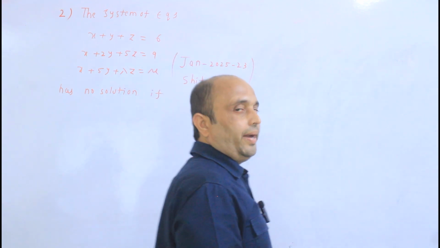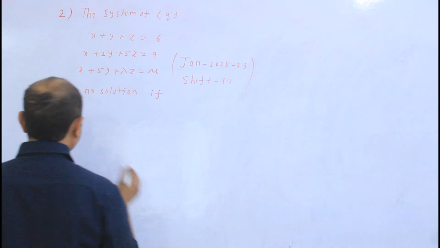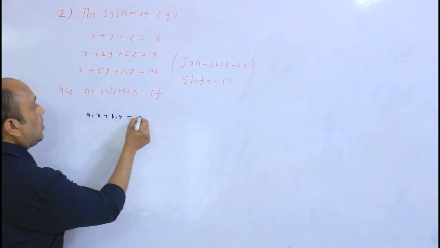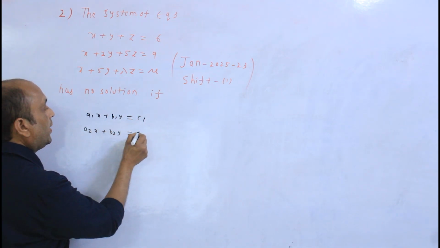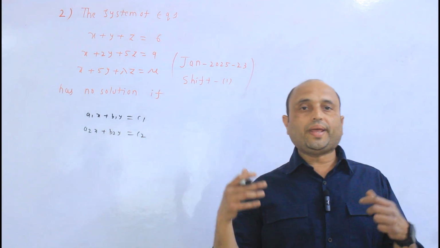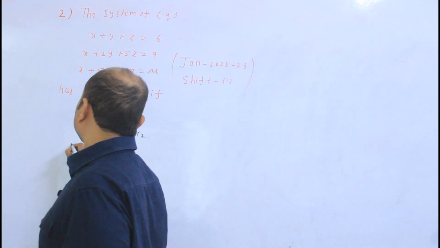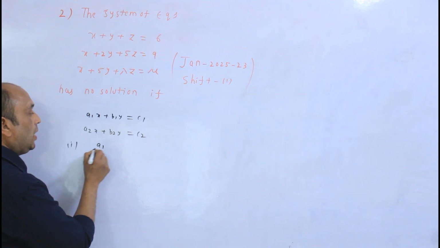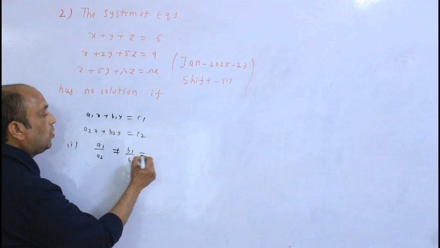Here already we know that, suppose two equations in two variables, a1x plus b1y equal to c1, a2x plus b2y equal to c2. For two equations in two variables, we have different conditions for no solution, unique solution and so on. For a unique solution, a1 by a2 is not equal to b1 by b2.